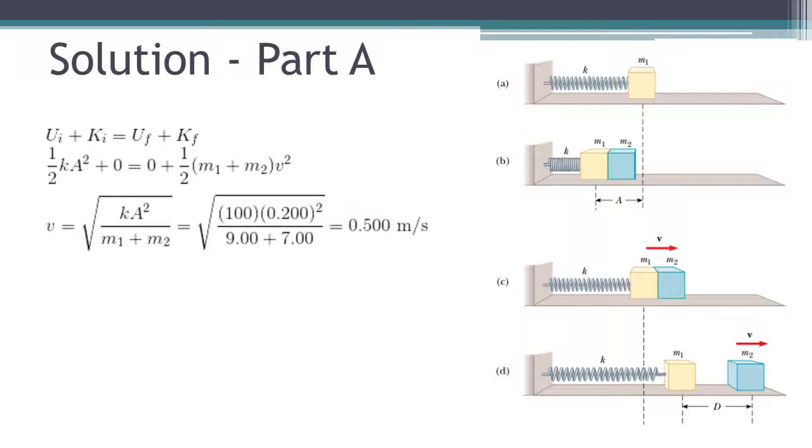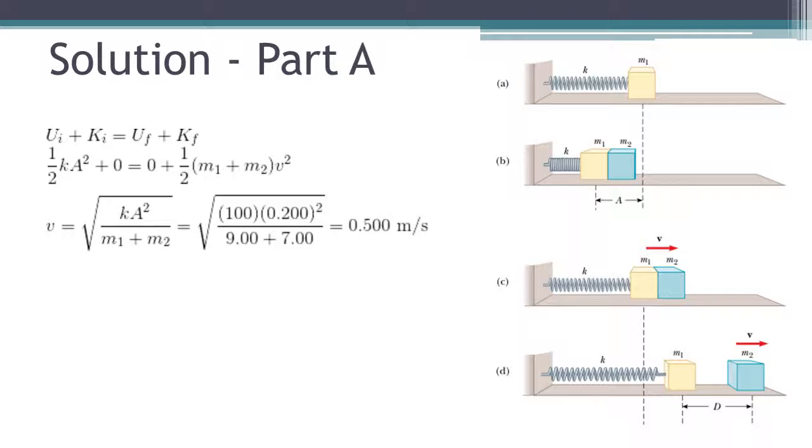So in the initial scenario, which is shown in figure B, the system of the spring and the two blocks have potential energy 1/2 kA squared. This is based off Hooke's law. And they have no kinetic energy since they're not moving.